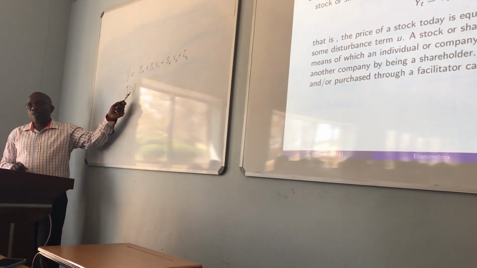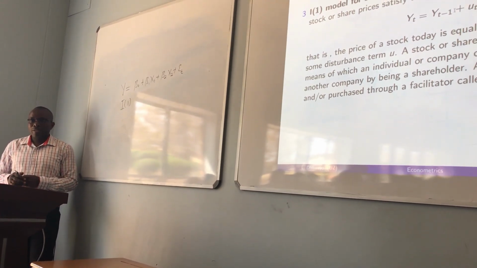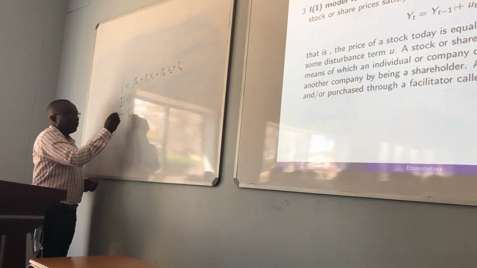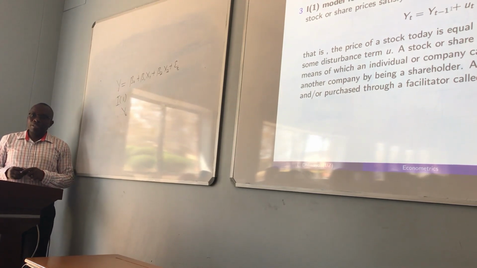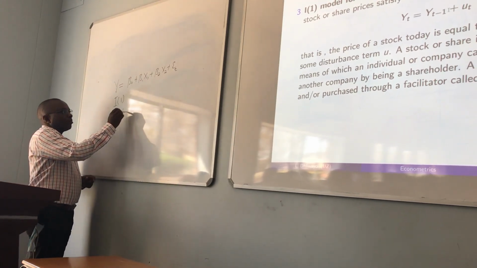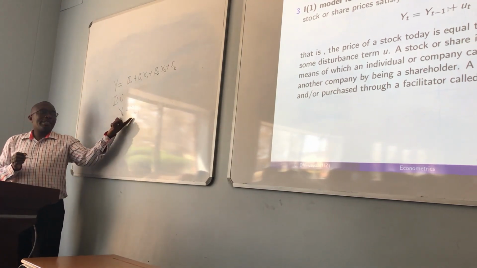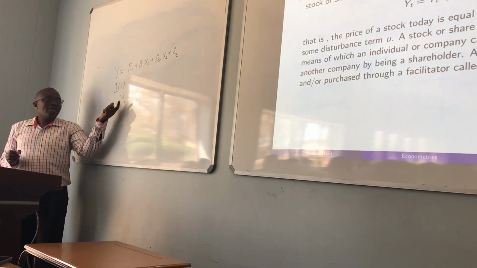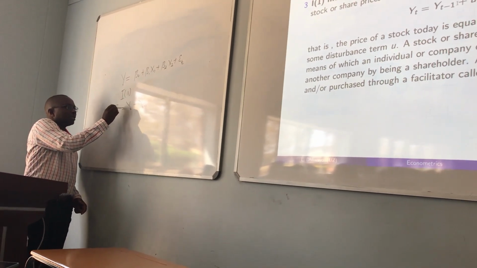1 stands for the order of what? Difference. We have to difference. If we have a series yt, differencing once, what does it mean? We take the current value minus the previous value, yt minus yt-1. That's the first difference. Then we can call it zt, which is equal to this.